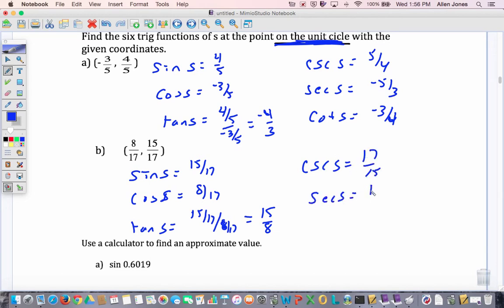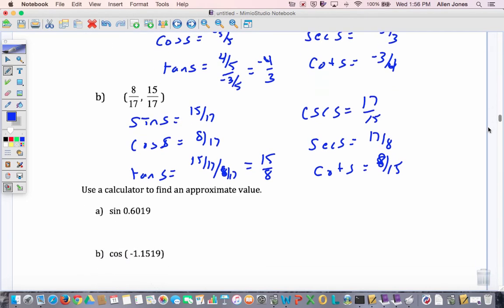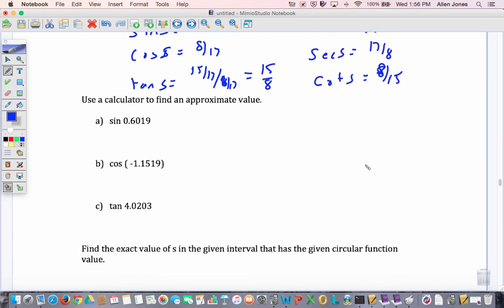And 15/17 divided by 8/17 is 15/8. Cosecant is reciprocal, 17/15. Secant is reciprocal, 17/8. And cotangent reciprocal, 8/15. So zipping through those, they were fairly easy because of our ordered pair and the statement that was made that we were on a unit circle.